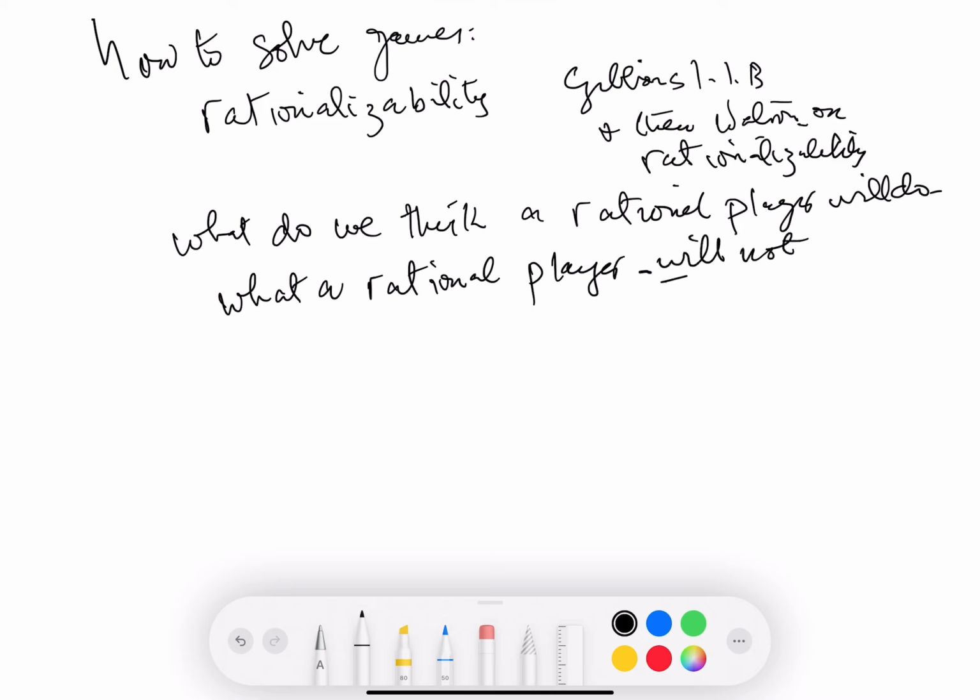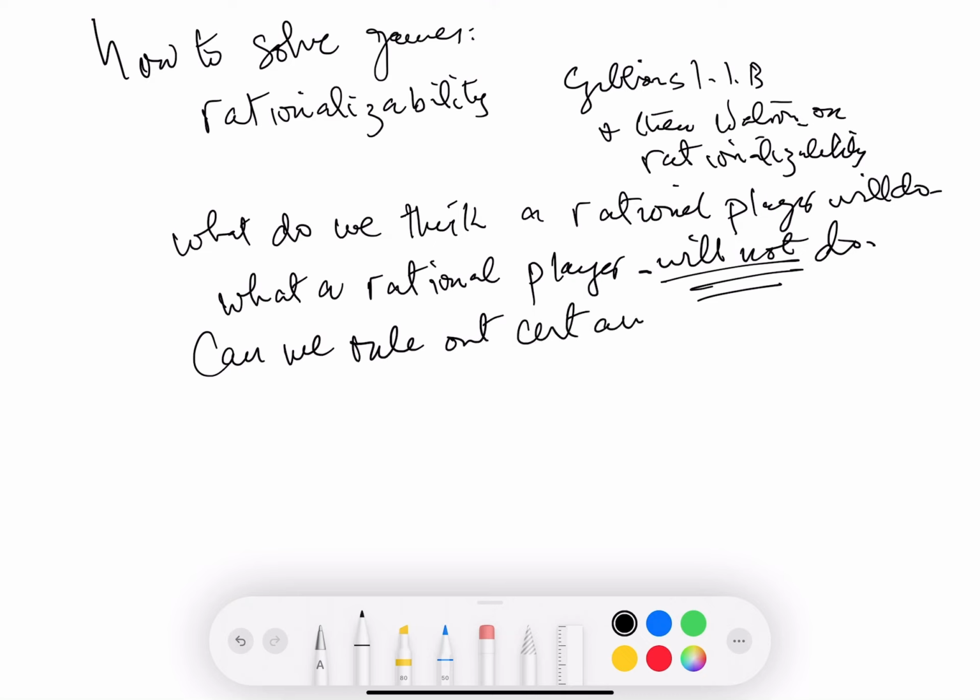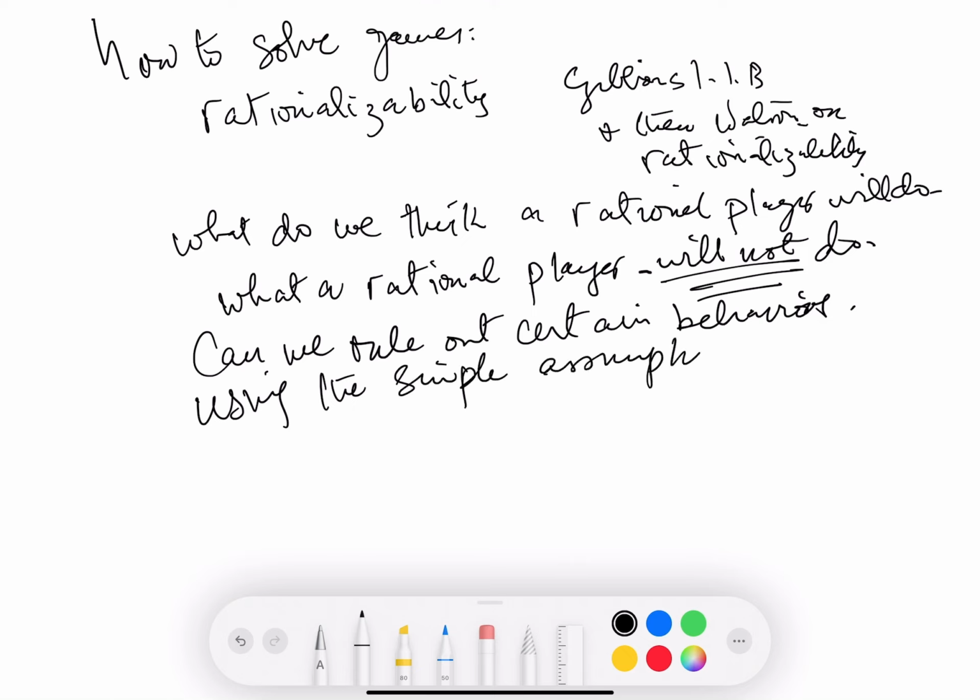So can we rule out certain behaviors using some simple assumptions around rationality, okay?